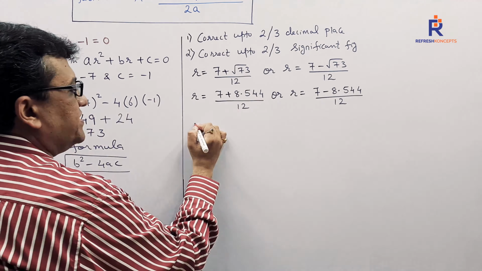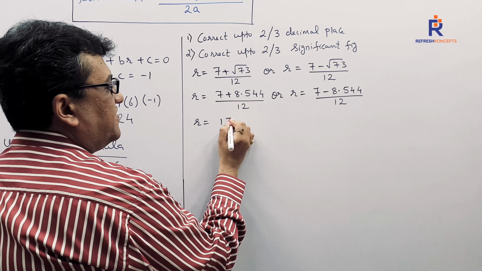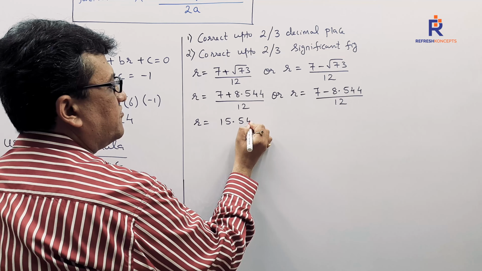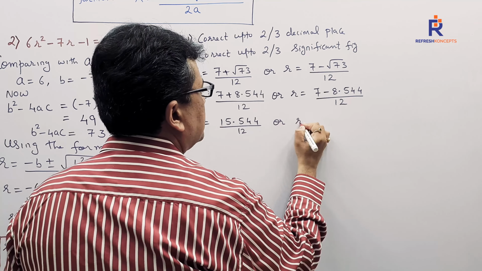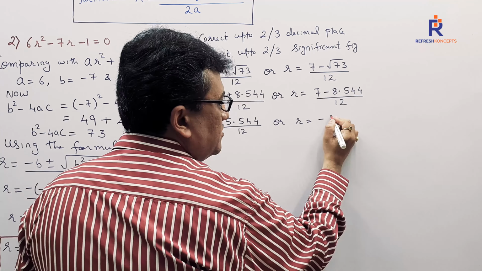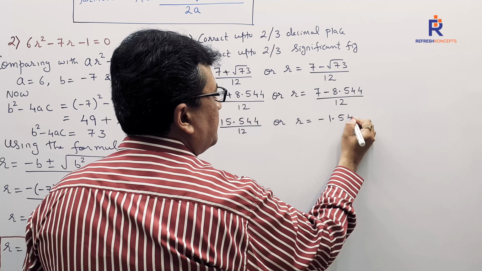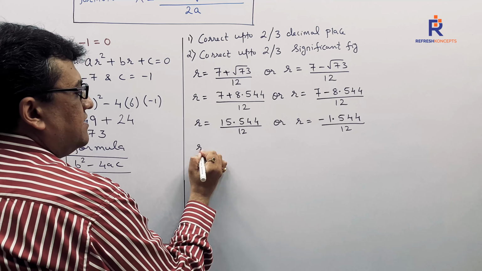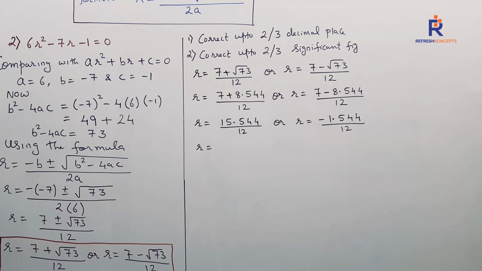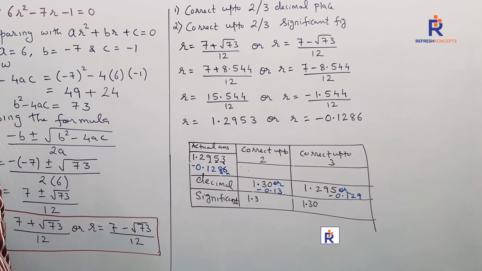So what answer do we get over here? r is equal to 15.544 by 12, or r is equal to minus 1.544 by 12. On dividing 15.544 by 12, we get the answer.